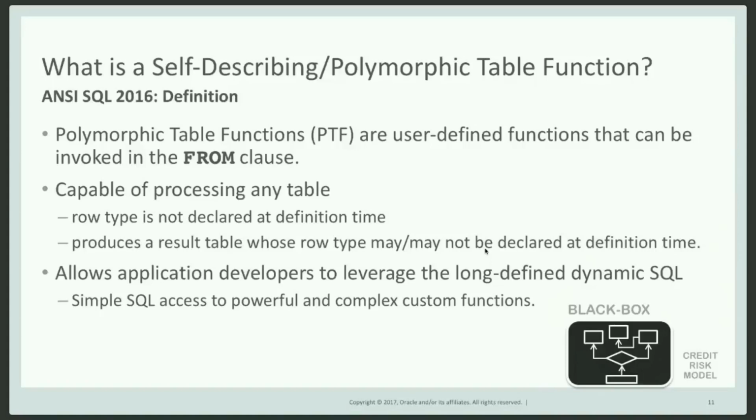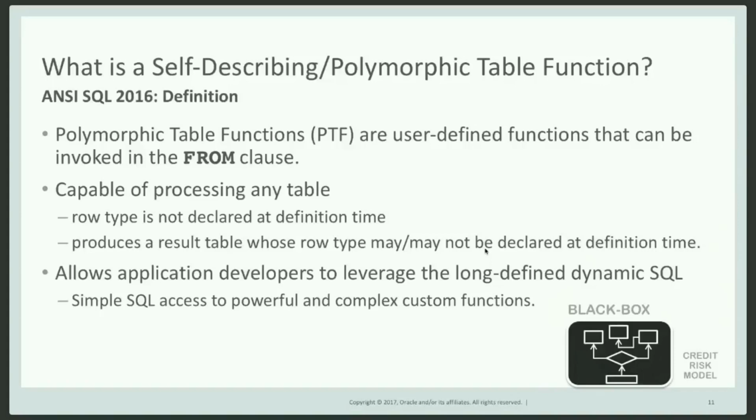What this allows you to do is, in effect, have dynamic SQL. So you can now encapsulate, in effect, create a black box around your business rule and simply pass tables in and have a result set come out, which would be determined in terms of its outputs at runtime. So for example, you might have a credit risk model.